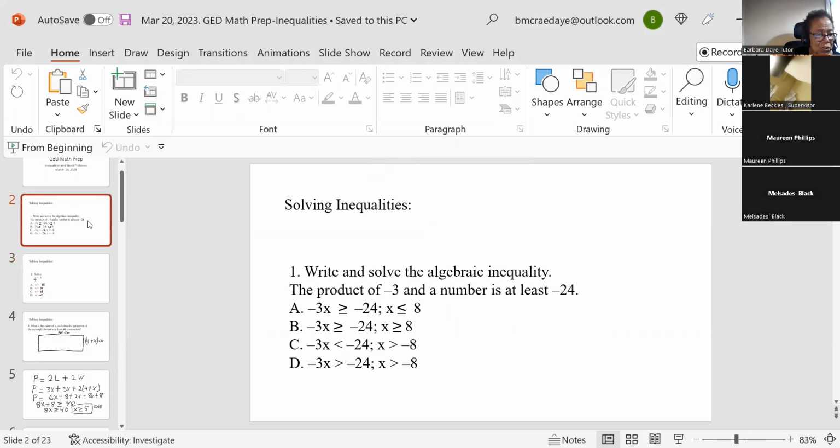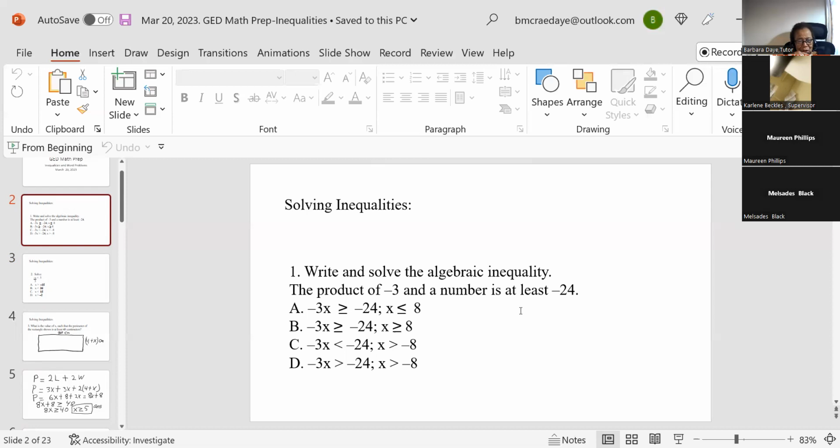I want you to solve this problem. Tell me the answer. Solve: the product of -3 and a number is at least -24.